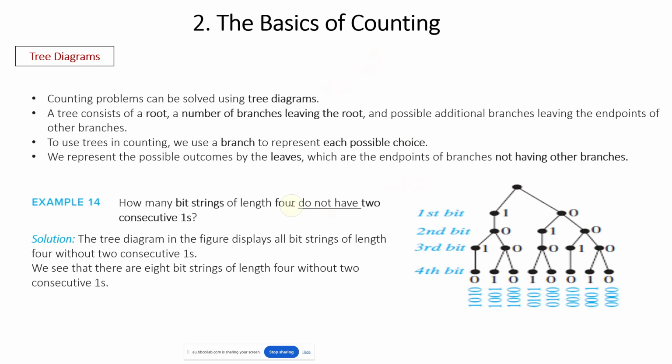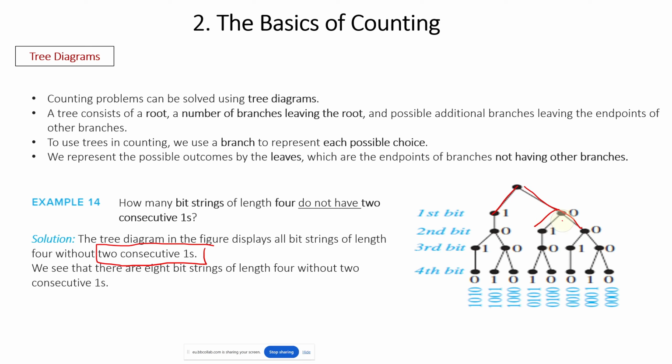Now we have this here, for example: how many bit strings of length 4 do not have two consecutive ones? So if I don't want to have two consecutive ones, I need to start with 0 and 1, so there are no consecutive ones, so I have a 0 and a 1. Now here, after a 0, I can put another 0, I can have 1, because my problem is I don't want to have two consecutive ones. So I don't have two consecutive ones, that's fine.